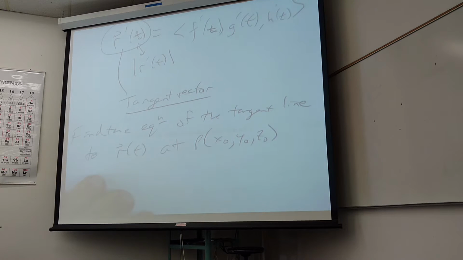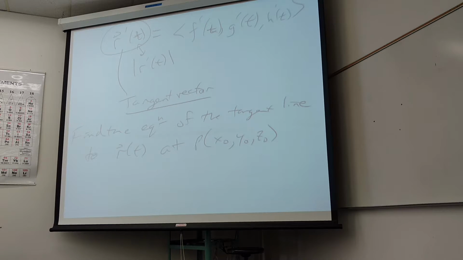Can you start to piece together how you'd be able to do that? What do you need for the equation of a line, period? Slope, meaning direction vector, right? The v. And some point. So they give you a point. How do you find this guy's v? How do you find the slope, the v?